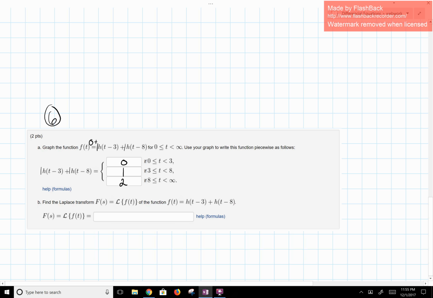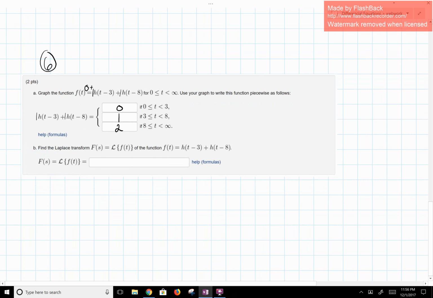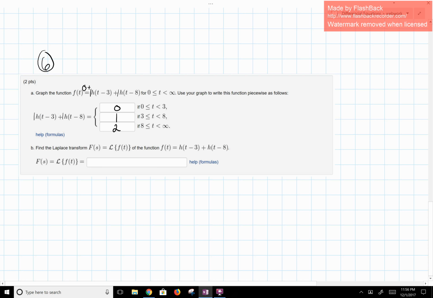So this is the piecewise function of this Heaviside function that we've just looked at. So the last thing we need to do is find the Laplace transform of this Heaviside function. And we're just going to separate it individually again.